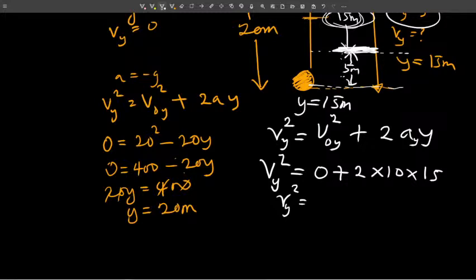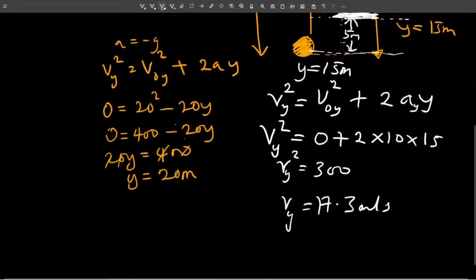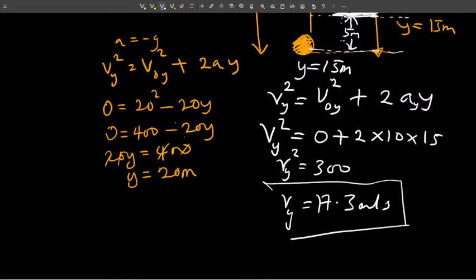That should give me 300. Is it 300? 20 times 15. Yes, that will give me 300. So take the square root of both sides. My vy will be equal to the square root of 300, that's 17.3 meters per second. So that should be the velocity. You can check your physics textbook at the back and see what the answer is.